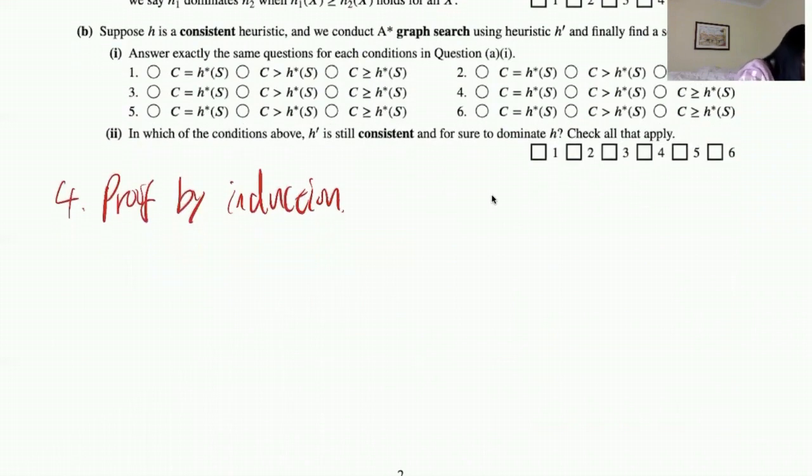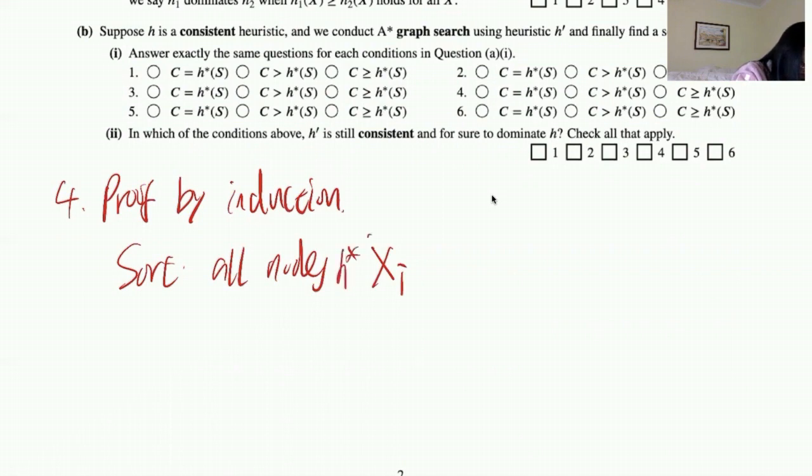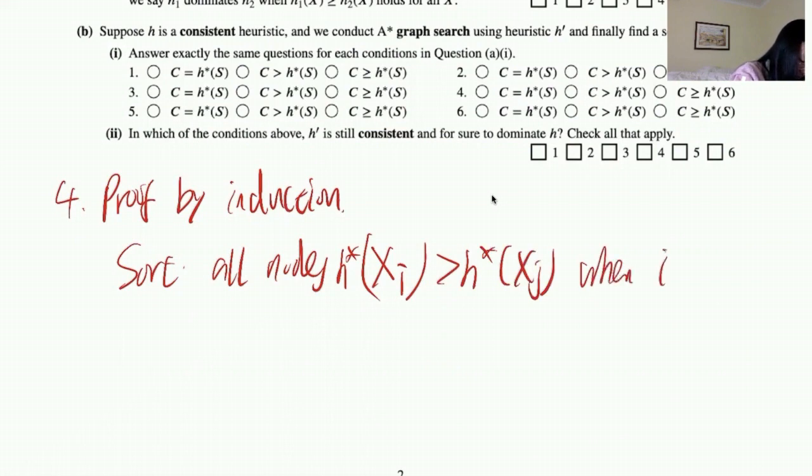First, we sort all nodes such that for H star, H star of X i is greater than H star of X j when i is greater than j.